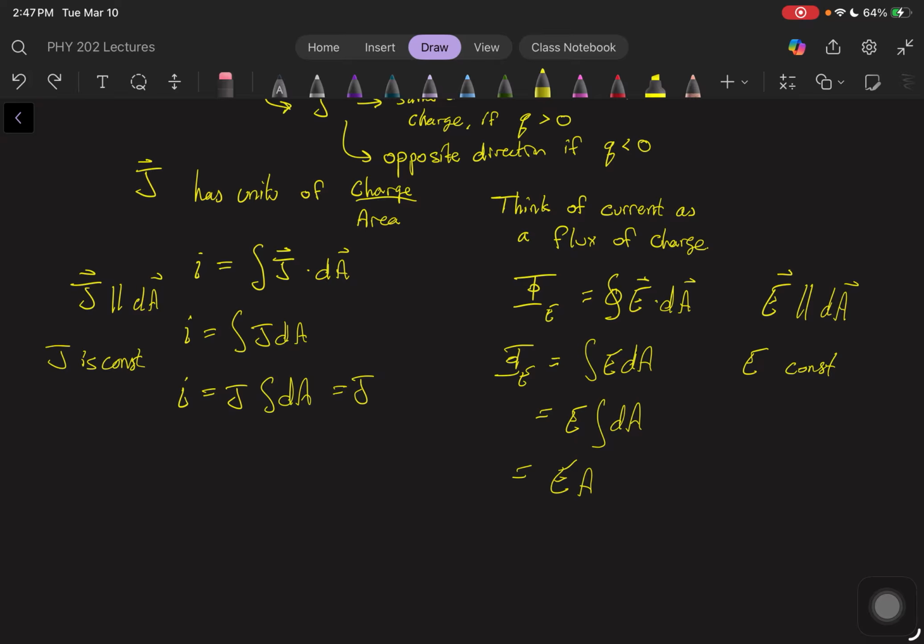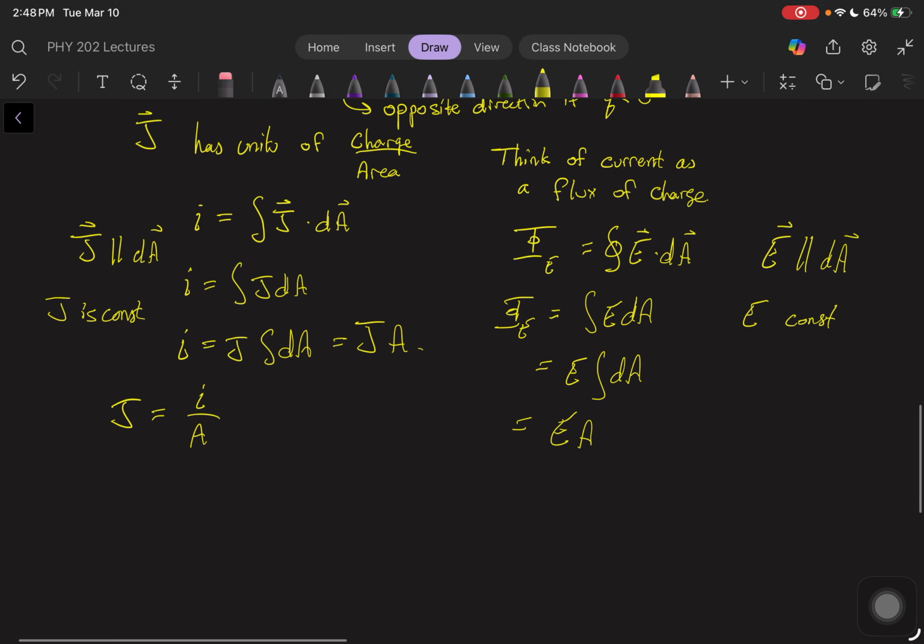It's a jacked up J. Okay. And so if we have I is equal to JA, then we can say J is equal to I over A. All right. Just ways we can start messing with these things. Cool. And so we'll put a box around that because that's going to come in handy a bit later.